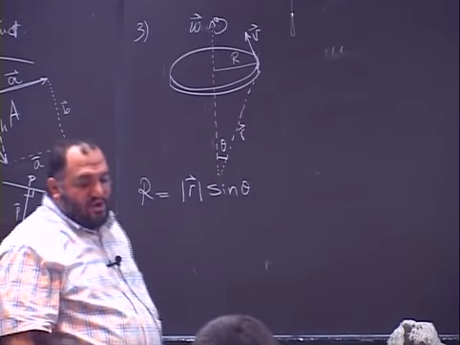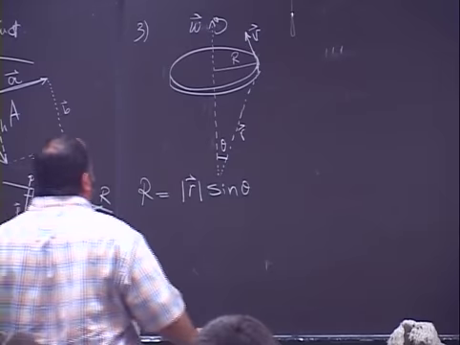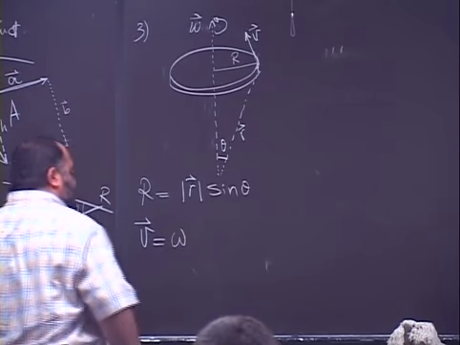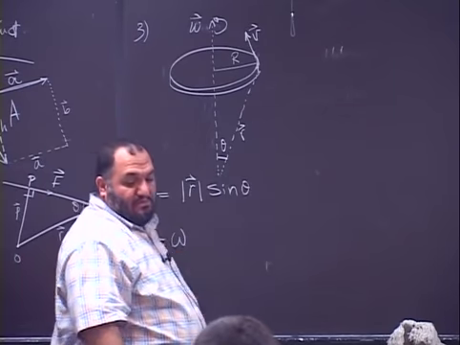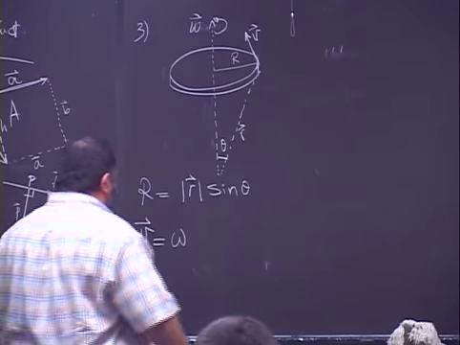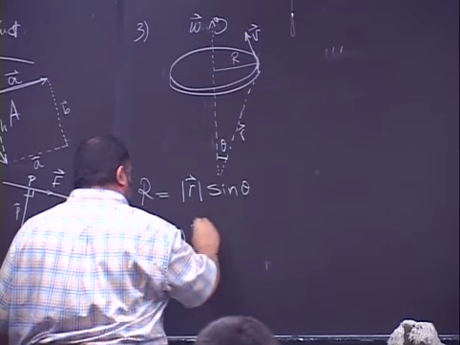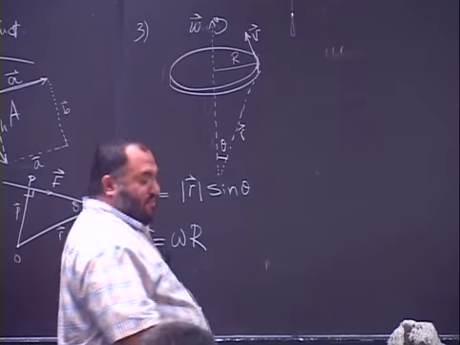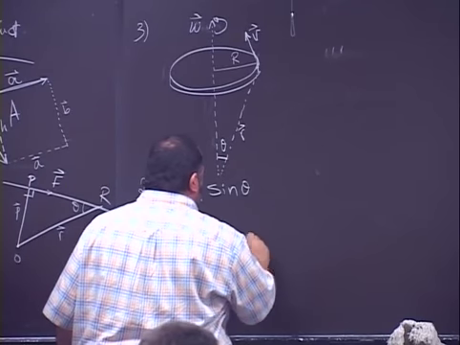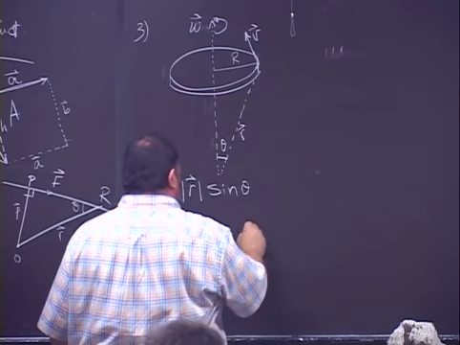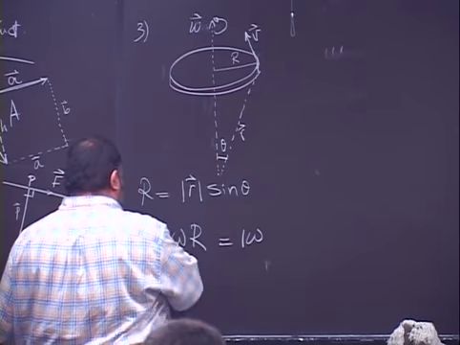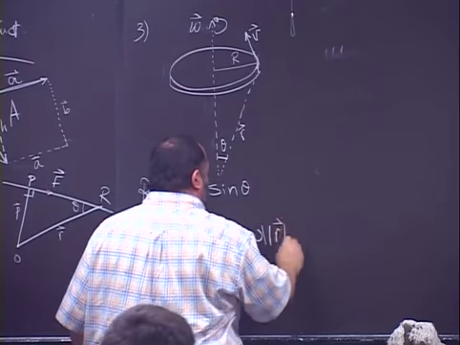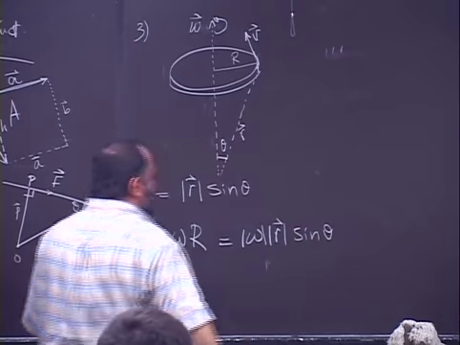And then if we want to calculate the velocity V, it is nothing more than omega multiplied by the radius here, so it will be equal to omega multiplied by small r multiplied by sine theta.